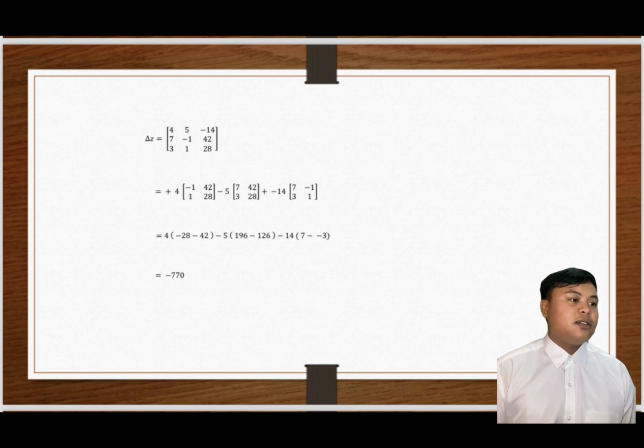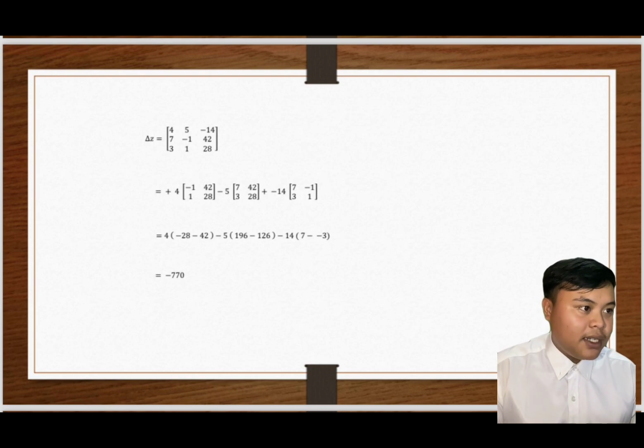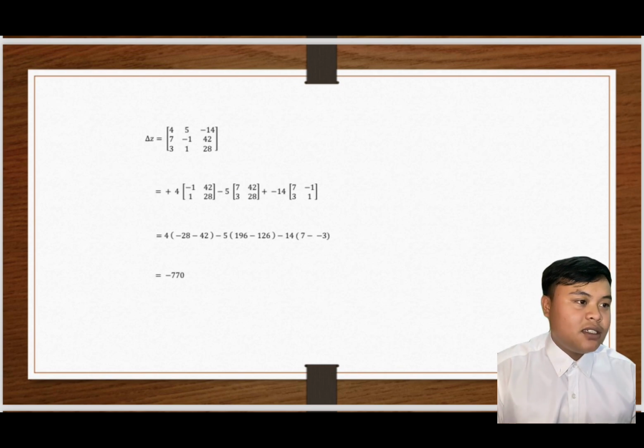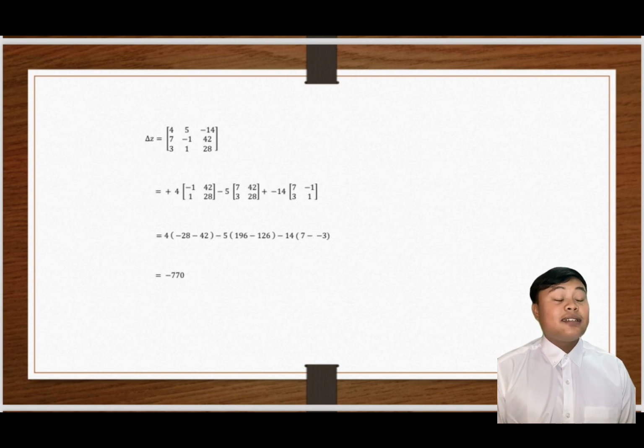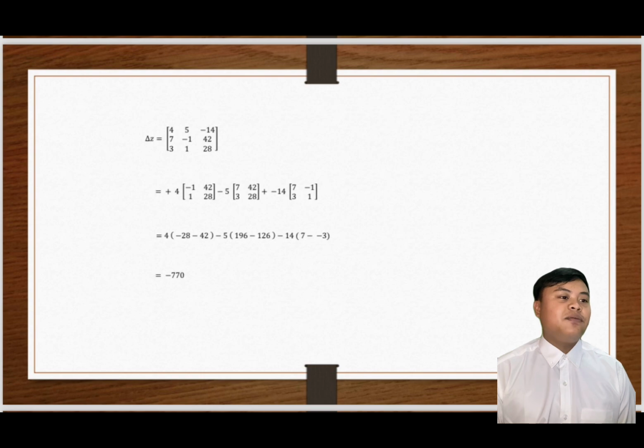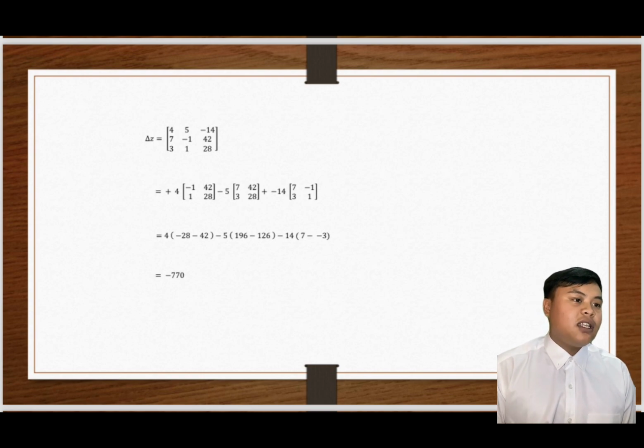The solve is 4 multiply negative 28 minus 42, negative 5 multiply 196 minus 126, minus 14 multiply 7 minus negative 3, and the answer is 217.